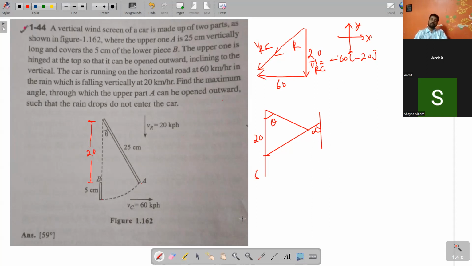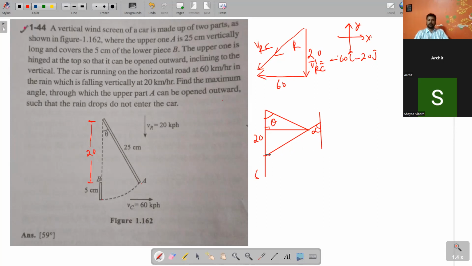Now, just drop a perpendicular here. Now, how will you find this?